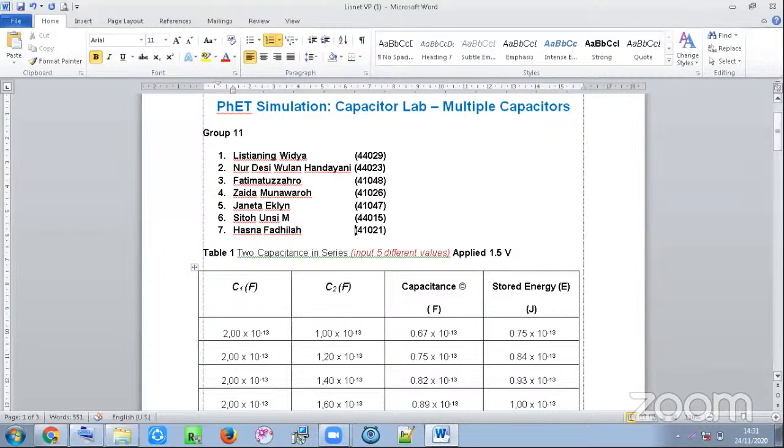And for C2 of row 2, we input 1.2 times 10 to the power of minus 13. The result of capacitance and stored energy is 0.75 times 10 to the power of minus 13, and 0.84 times 10 to the power of minus 13.